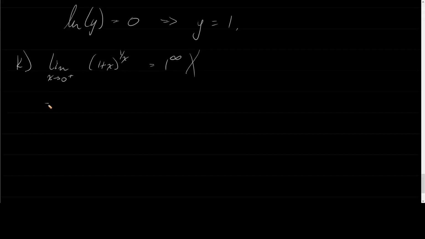So I'm going to let y be equal to that limit, all right? Because we have the variable in the exponent. Essentially, anytime you have the variable in the exponent for limits, you want to take the log of both sides. So I'm going to start with y is equal to that limit, so that I can take the natural log of both sides and end up with this limit instead.